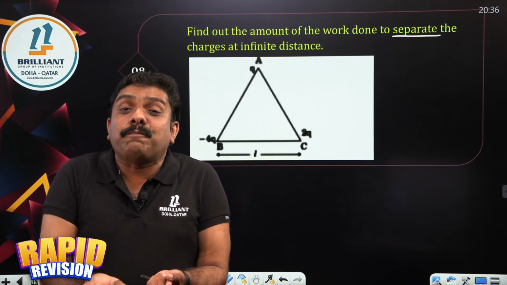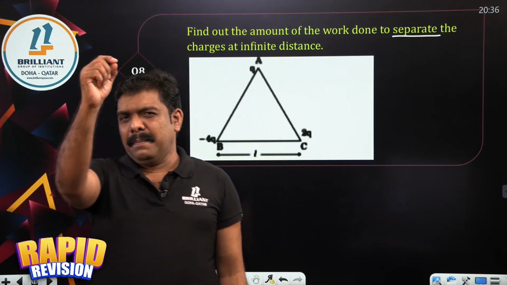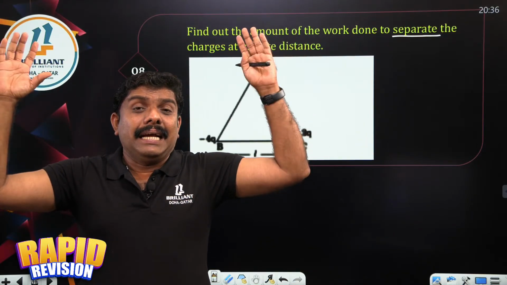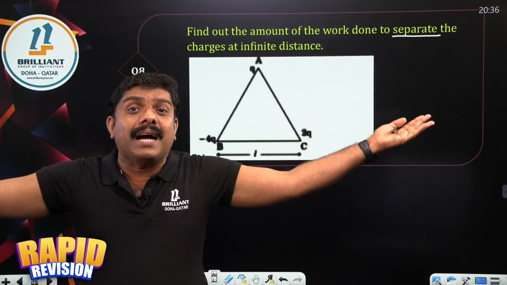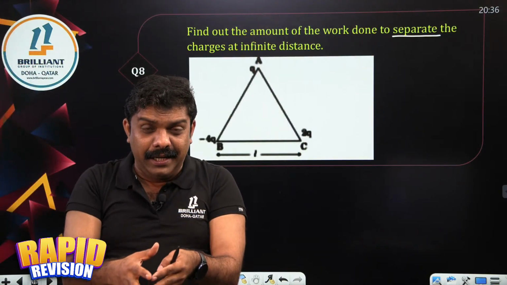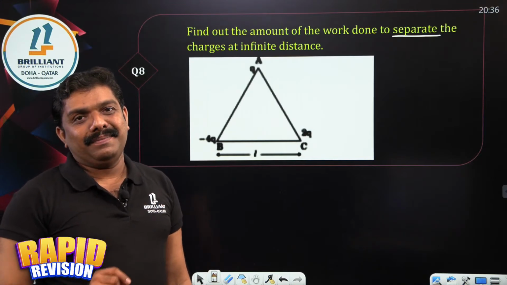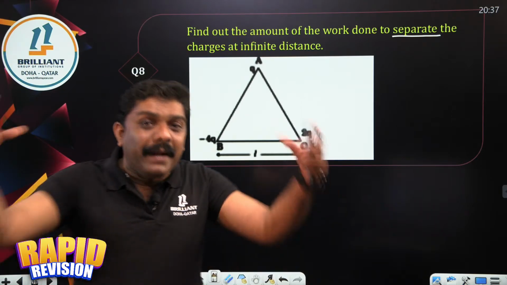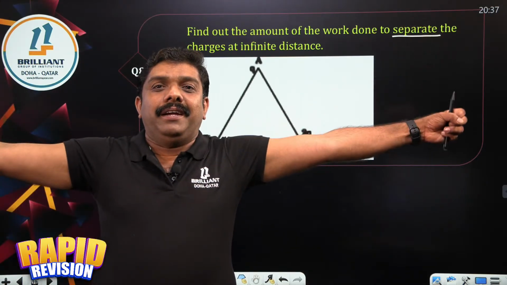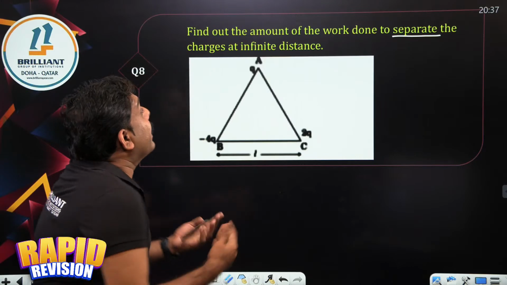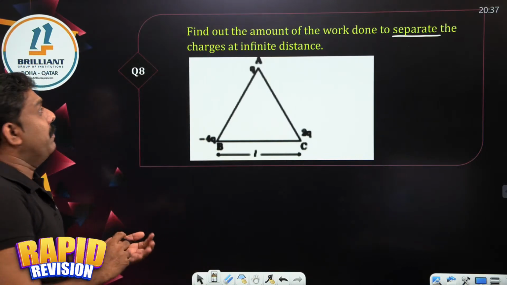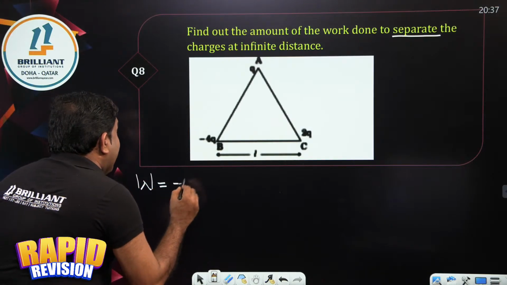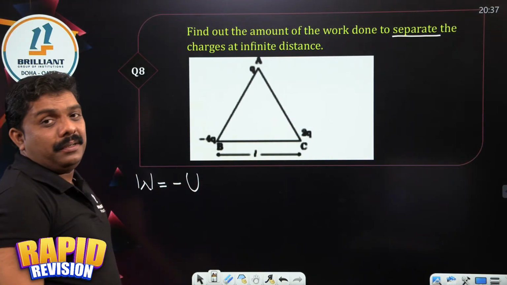It is the negative of potential energy. I am repeating once more: potential energy is the work done to bring the charges from infinity to their respective locations, so to separate them, the work required is the negative of the potential energy. So the work done here is equal to the negative of potential energy.